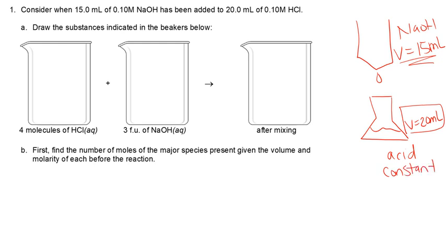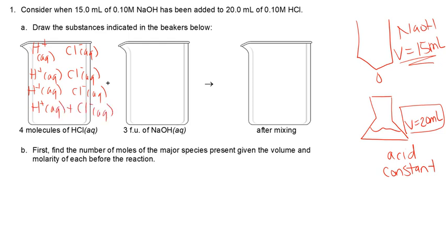So let's do a visual of this again. So we have 4 molecules of HCl. So we're going to draw that 4 times. And it's a strong acid, so it's going to dissociate completely into its ions. Okay, and then we have 3 formula units of NaOH. So again, that's a strong base, so it is going to dissociate completely into its ions.